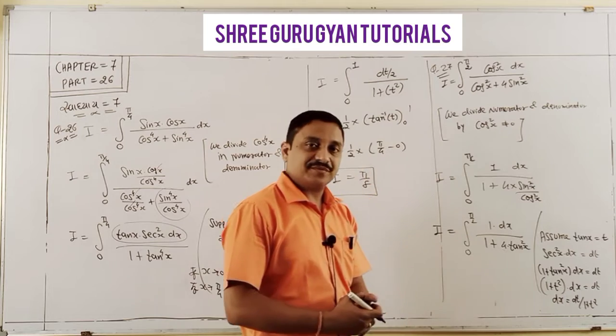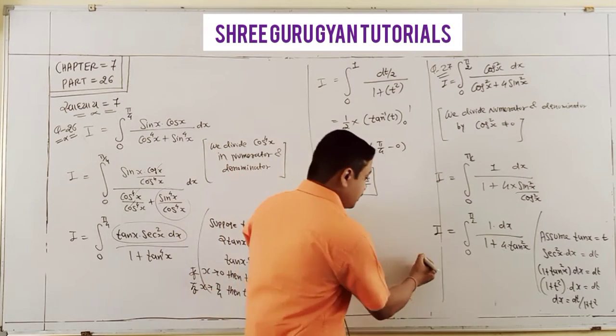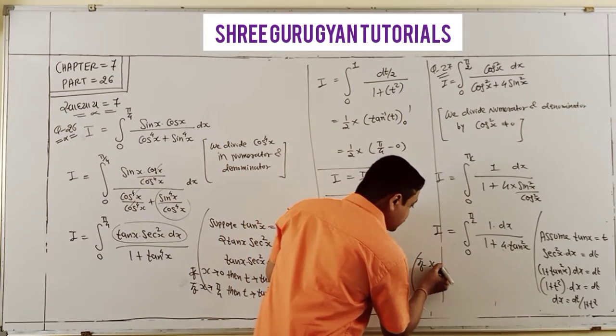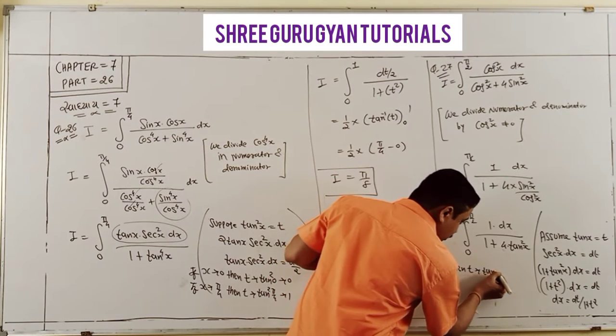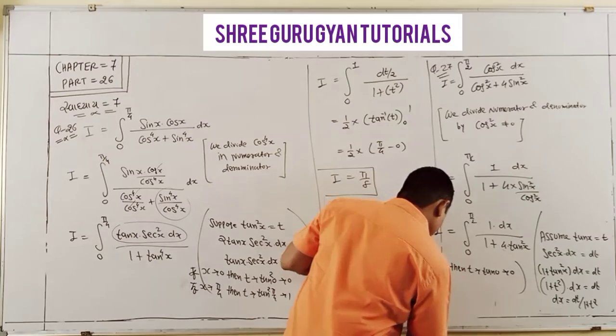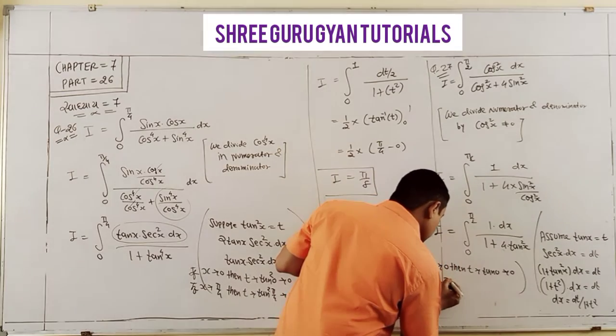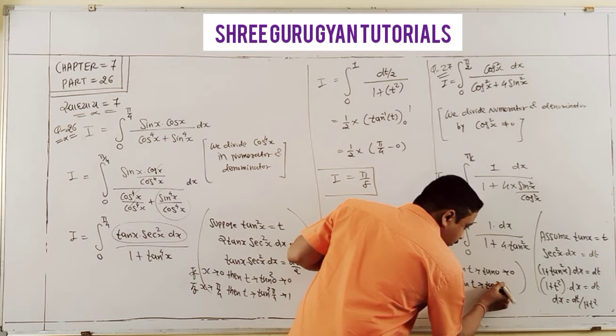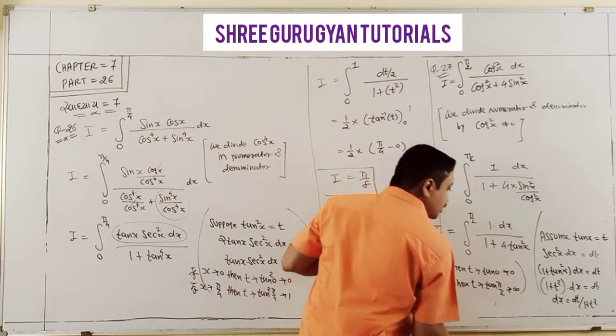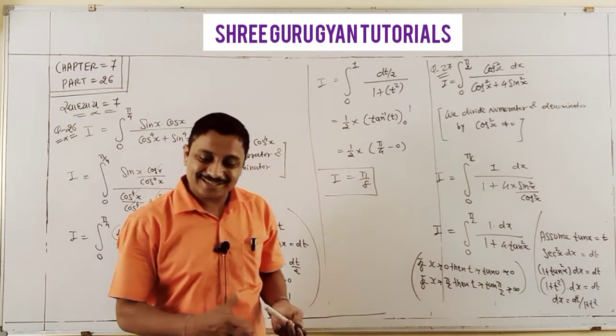This dx is covered, but the limits change. If x tends to 0, then t tends to tan 0, which is 0. If x tends to pi by 2, t tends to tan pi by 2. But students, tan pi by 2 is what? Infinite. Yes.